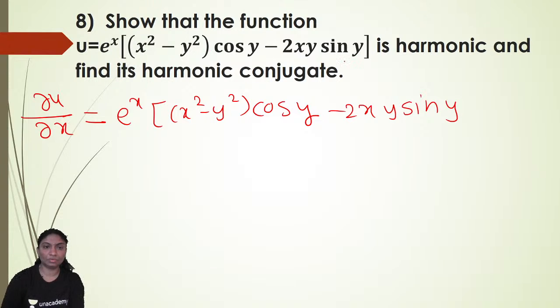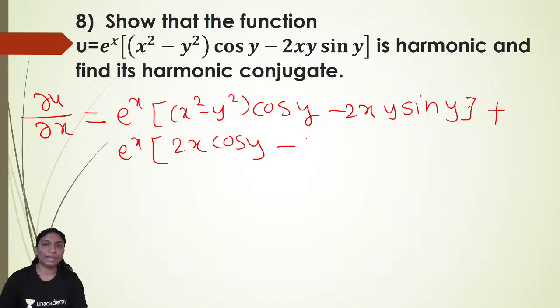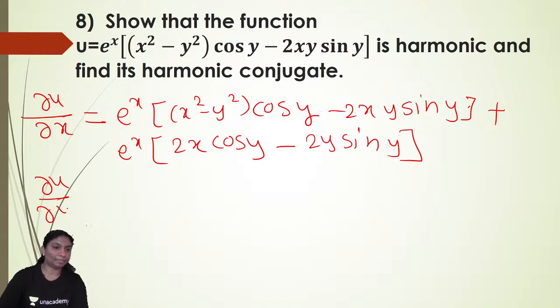First into derivative of second plus second into derivative of first. So first into derivative of second with respect to x, this will become 2x into cos y minus 2y sin y. Right? Now dabba u by dabba y.